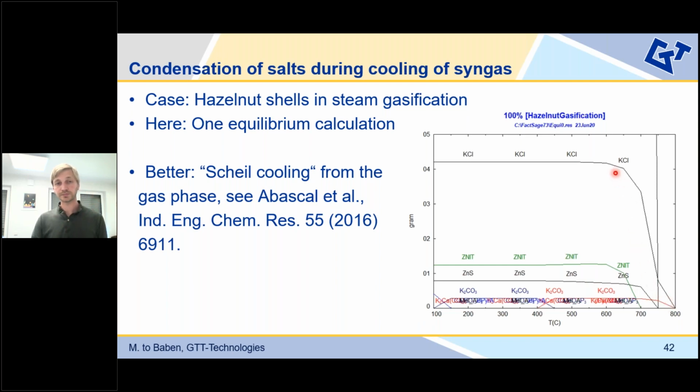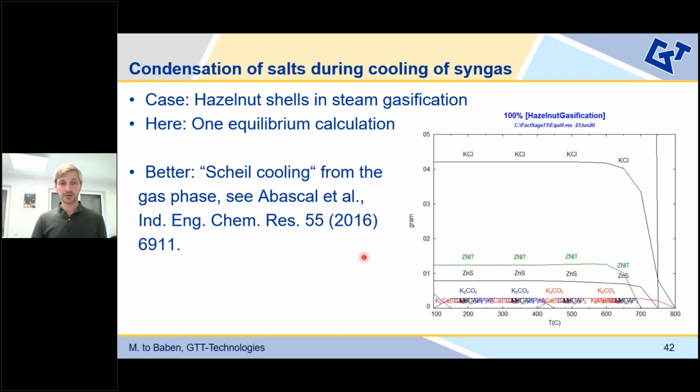condensed phases. So you can see that immediately you have the precipitation of potassium chloride, but also then slightly higher undercooling zinc oxide, zinc sulfide. Sulfide will form potassium carbonate, and there are a couple of other phases with small amounts as well.